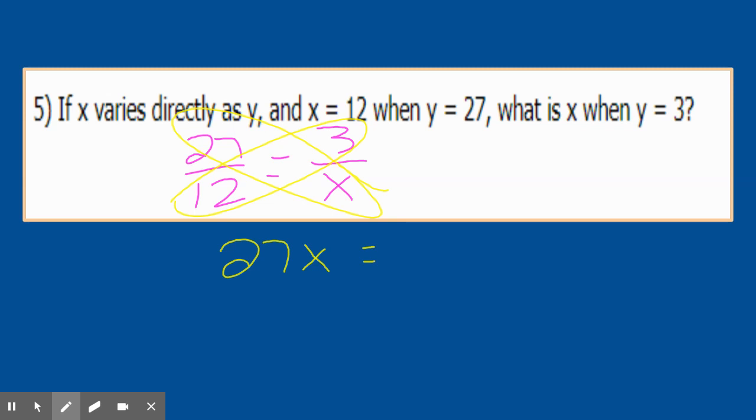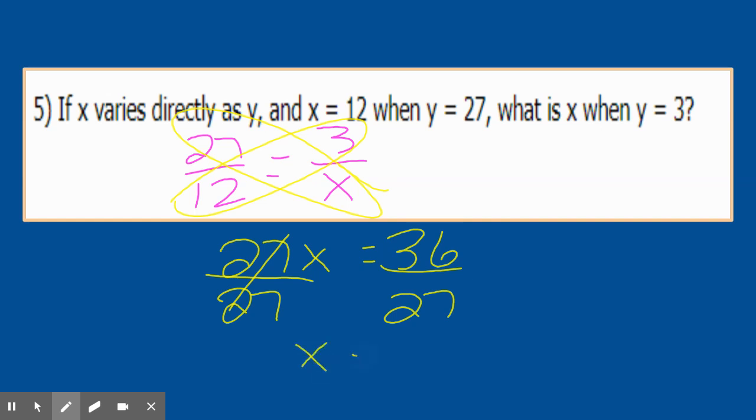And 12 times 3 is 36. So we can divide both sides of the equation by 27. So x will equal 36 divided by 27, which is 1.3 repeating. If you simplify this, that's another option. Either answer will be fine.